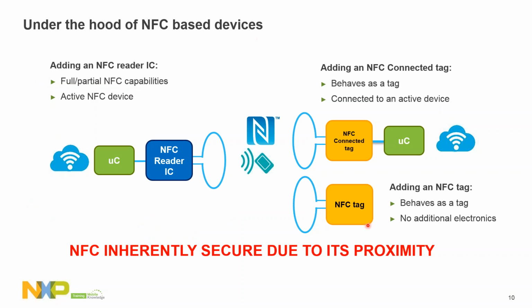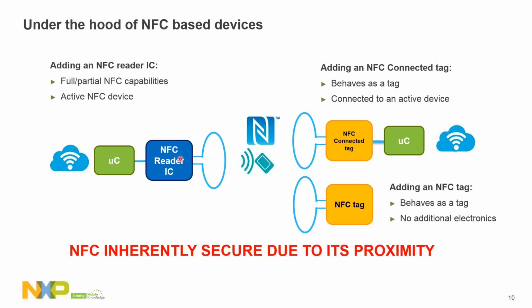Allow me, in this slide, to represent 3 different architectures for an NFC-enabled device. Obviously, this is an oversimplification. However, it still allows us to go through the different security enhancements that a real-life design may face if required. On the left side of the slide, we can observe an NFC-enabled reader.